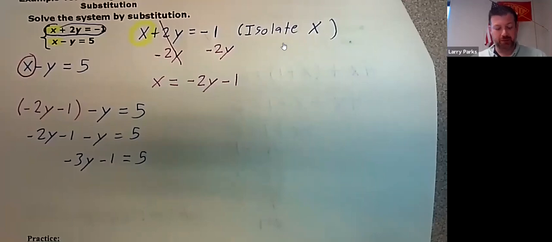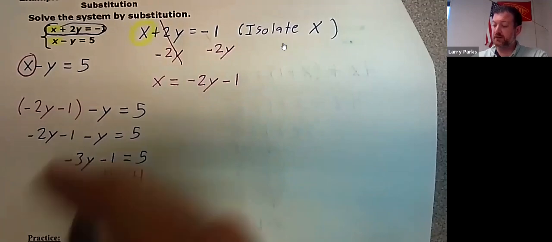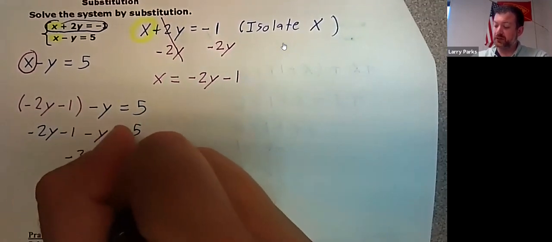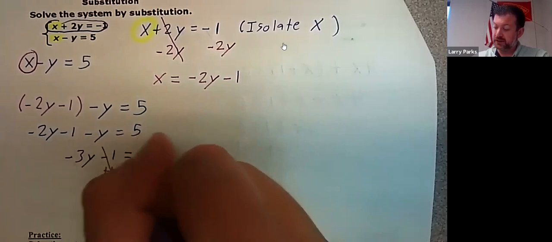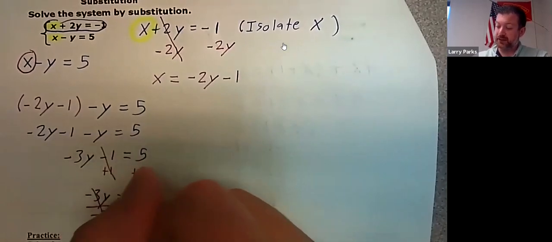Then I would add 1 to both sides. Five plus 1, 6. And then I would divide both sides by negative 3. And I get y is negative 2.